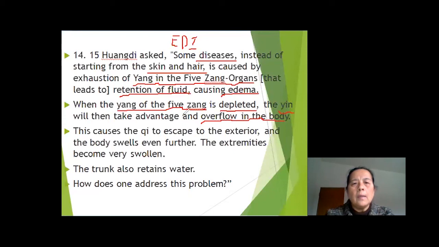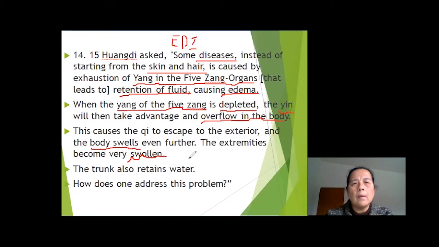This condition makes the patient's body pretty swollen, even the terminal limbs and arms.